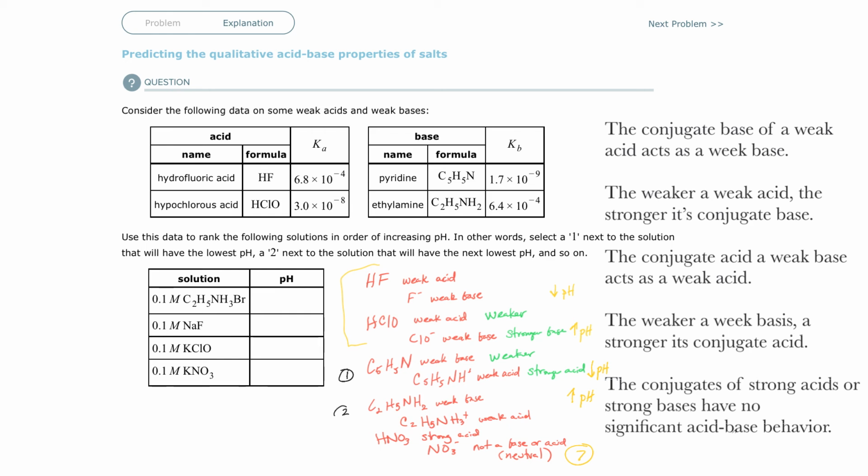It'll be this one. Then you need neutral, which is 7. It'll be this one. Then you need the lower base. Base has higher pH than acid and higher than neutral, so it would be this one. And then the very highest pH would be your strongest base. It would be this one.